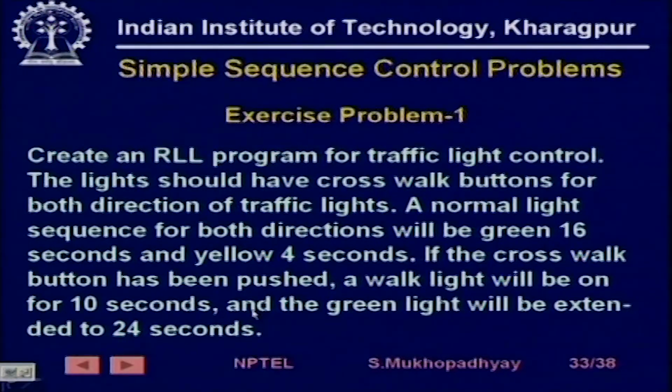Now, what is the task? The first task would be to develop a state machine description and probably write it in terms of an SFC, and then while doing this SFC, we can encounter several problems.